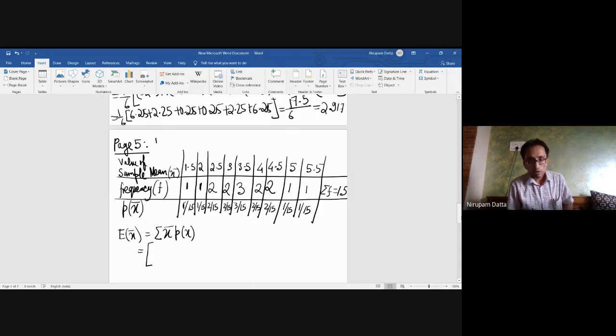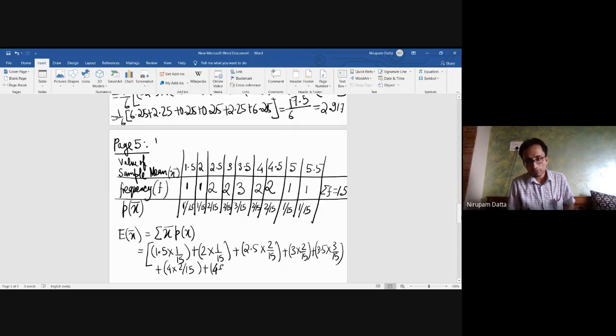So what we are getting: 1.5 into 1 by 15, 2 into 1 by 15, 2.5 into 2 by 15, 3 into 2 by 15, 3.5 into 3 by 15, plus 4 into 2 by 15, plus 4.5 into 2 by 15, plus 5 into 1 by 15, plus 5.5 into 1 by 15. Okay.